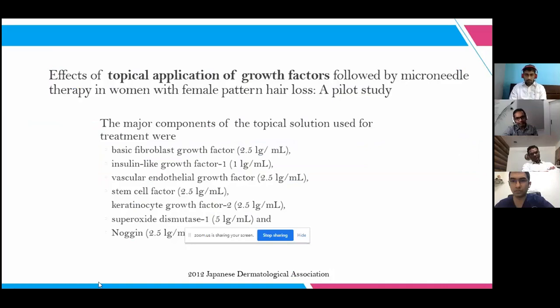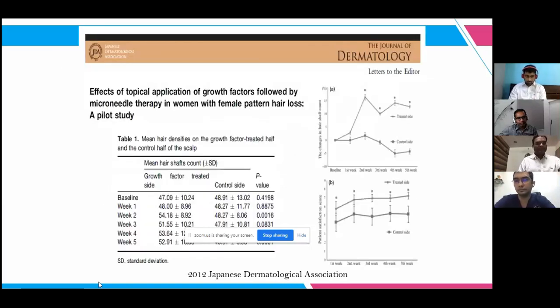Yeah, they say that topical application of growth factors followed by microneedling therapy has benefited. Growth factors are basic fibroblast growth factor, insulin-like growth factor, vascular endothelial growth factor, stem cell factor, keratinocyte growth factor, superoxide dismutase, all these things, noggins and all those things. They have done a study actually, effects of topical application of growth factors followed by microneedle therapy in women with female pattern hair loss.